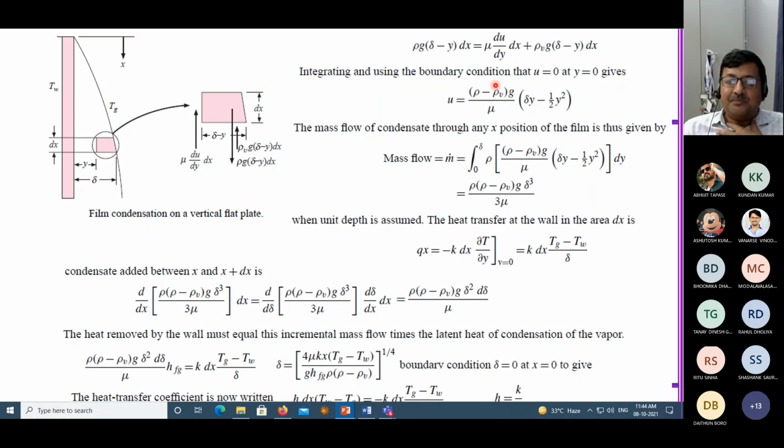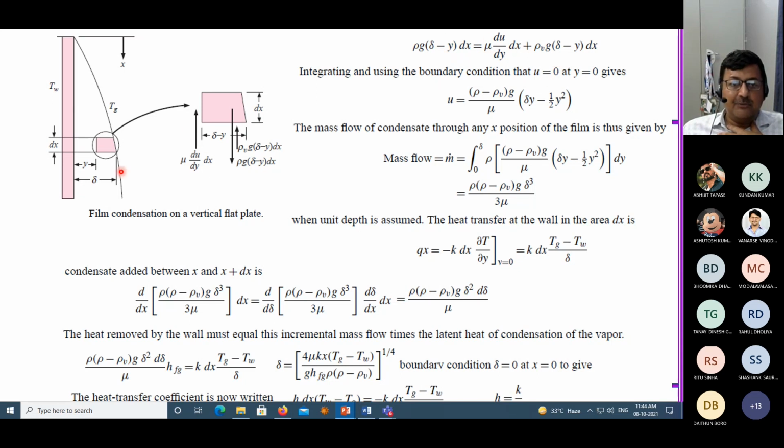So how do you now manage? The liquid which is coming down is rho g into delta minus y into dx. Rho g is the weight per unit volume, and delta minus y into dx is the volume. Now, this is the vapor that is going up.